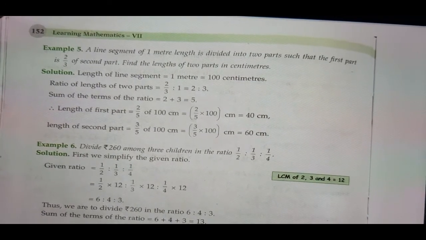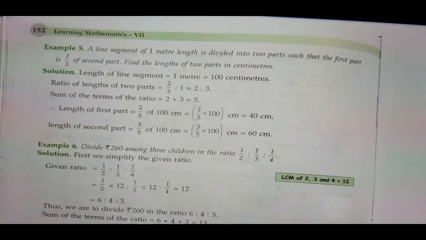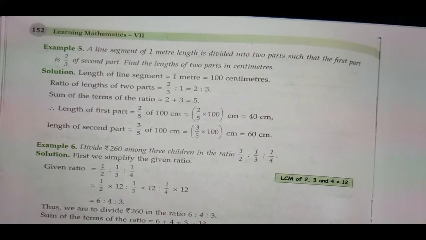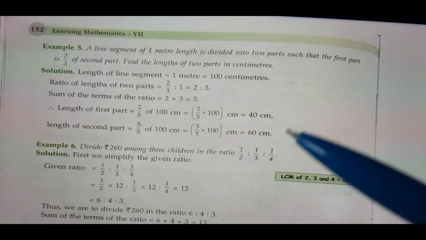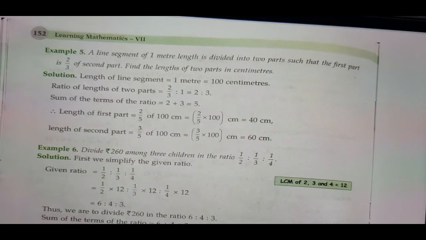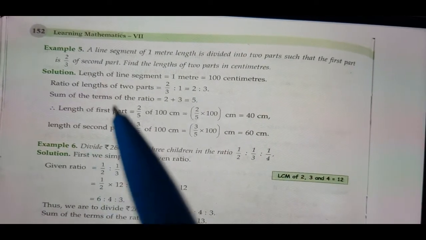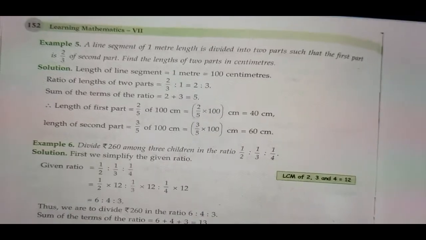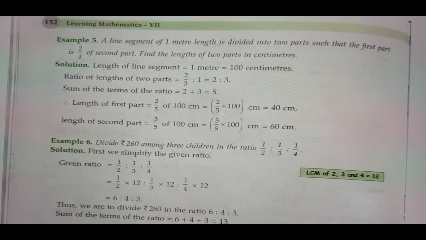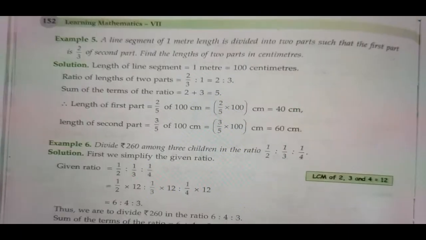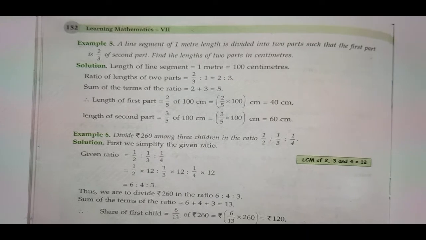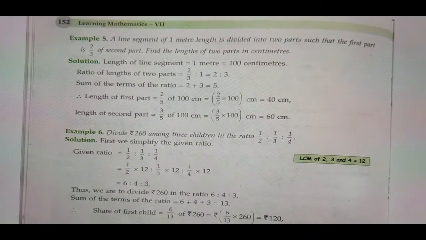So 2 upon 3 is to 1, which means it is 2 is to 3. Sum of the terms of the ratio is 2 plus 3, that is 5. So length of the first part is 2 upon 5 of 100 centimeter, that is 40 centimeter, and second part is 3 upon 5 of 100 centimeter, that is 60 centimeter.